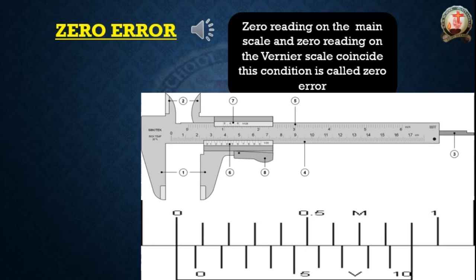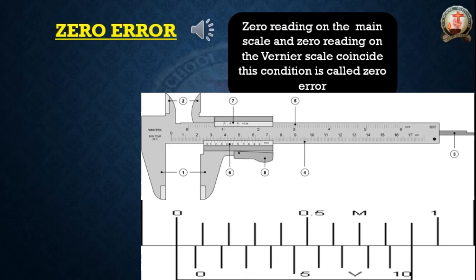I will explain practically. Please see the first figure. In the first figure, by the use of the screw, the lower jaws and upper jaws I kept in initial position.